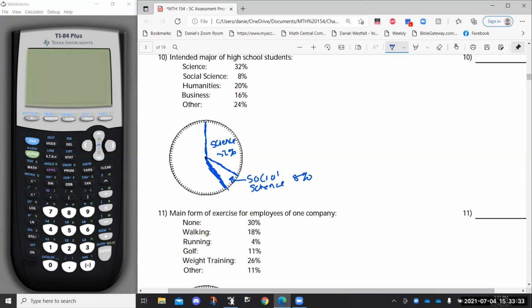So we're now going to be somewhere over here, not quite at 2/3. Come back a little bit from that. It's going to be over here somewhere. I'm going to say that this is humanities. It's going to be 20% here.